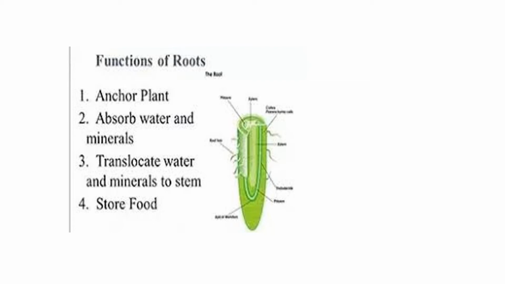And there are minerals in the soil, it absorbs along with the water the minerals. And as it absorbs, it translocates or sends it to the stem, which is the next immediate part of the shoot system. And also root functions as it stores food, meaning we eat many of the roots, for example carrot, beetroot, radish, etc.